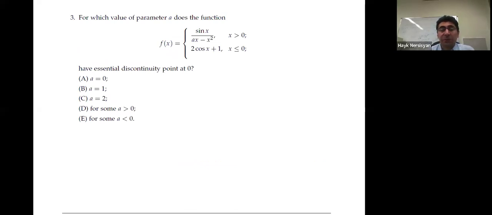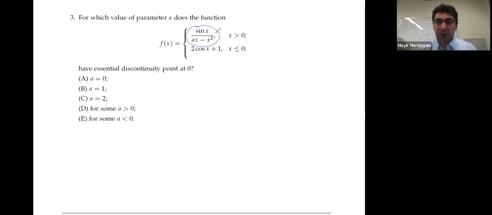Given the function f of sine x over (ax minus x squared), for which parameter a do we have an essential discontinuity point at 0? We might get an essential discontinuity only because of this part, right? This one can give us an essential discontinuity. Essential means the limit is infinity or doesn't exist. We do not have any control over 2 cosine x plus 1 through parameter a.